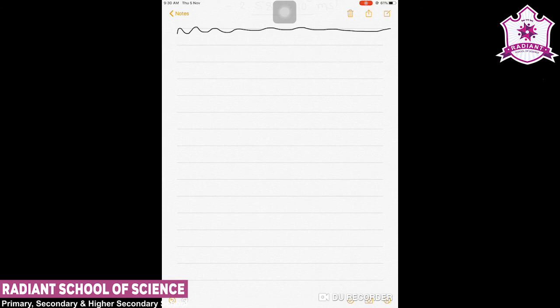It is given that two heavy spheres each of mass 100 kilograms, so the mass of each sphere is 100 kilogram, and the radius is 0.10 meter. They are placed 1 meter apart. So here the radius is given and the distance between them is given.